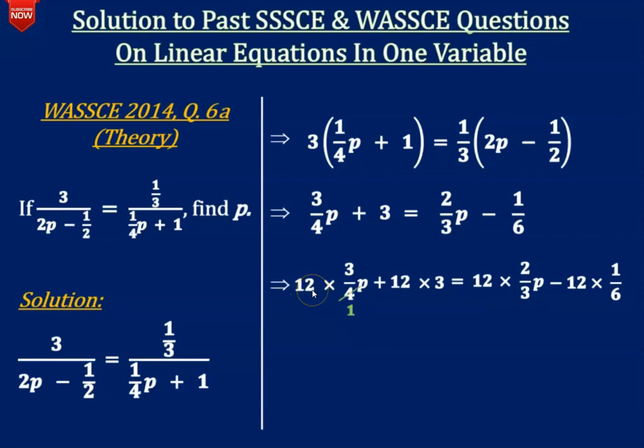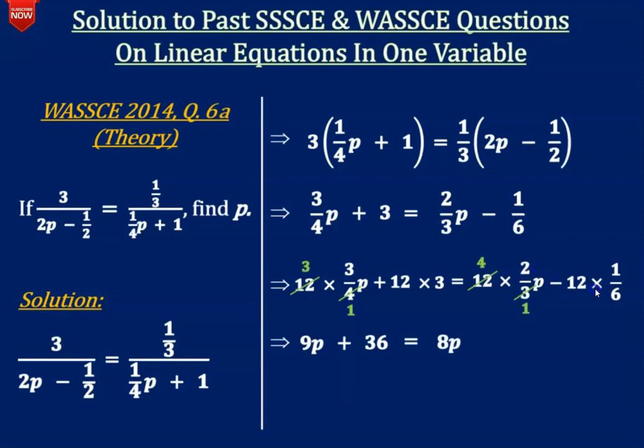4 into 12 is 3 times, and 3 times 3p is 9p. 12 times 3 is 36. And on the right hand side, 3 into 12 is 4 times, and 4 times 2p is 8p.